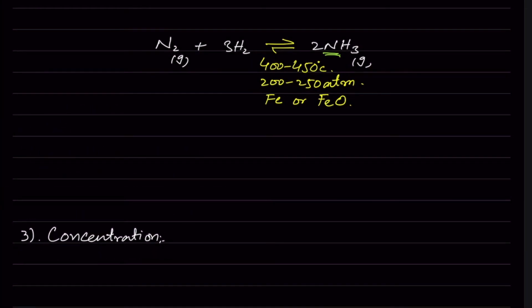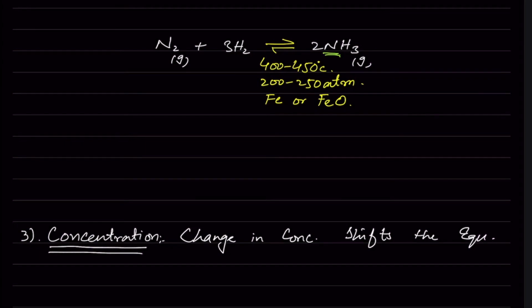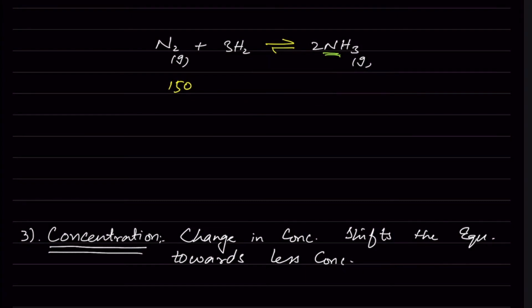When you change the concentration of either reactant or product, the change in concentration will shift equilibrium towards less concentration. For example, here you have reactants that are 150 gram and product that is also 150 gram. This is in dynamic equilibrium, the rate of forward and rate of backward reactions are the same.